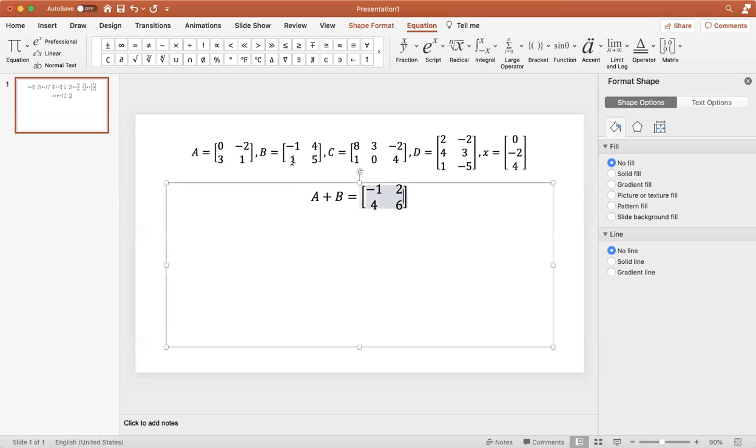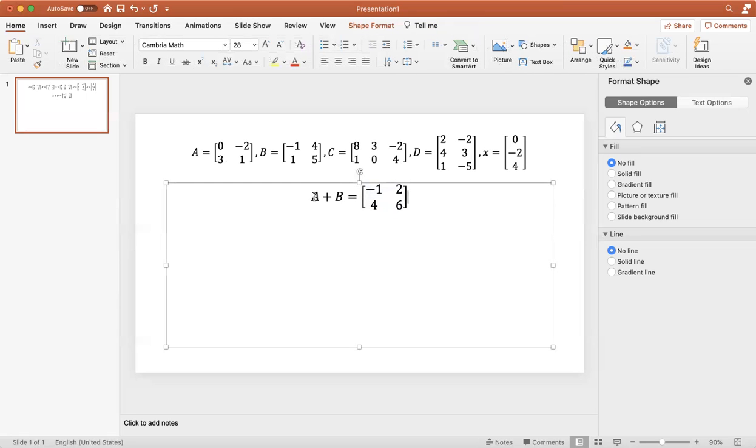Okay. Now, we cannot do the same for C and D, since C and D have different dimensions. So in any case that you wanted to find A plus C, that matrix would be undefined, right? Since they don't have the same dimensions. The dimension of a matrix is essential not only in a simple operation like this, but also in matrix multiplication. Okay?